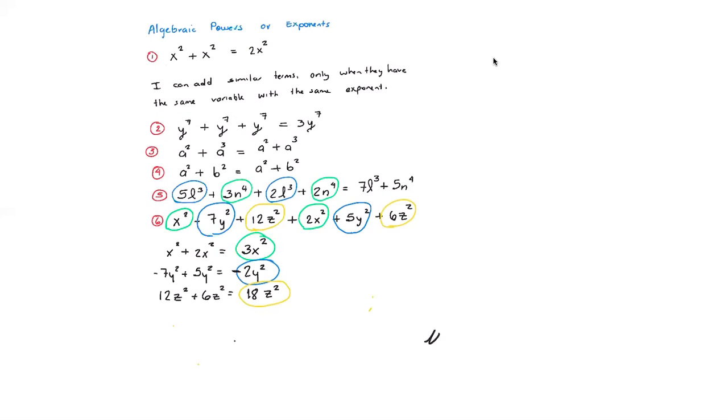Okay, perfect. So at the end, you have to put all this in the form of an equation. So you are going to put 3x to the second minus 2y to the second plus 18z to the second.